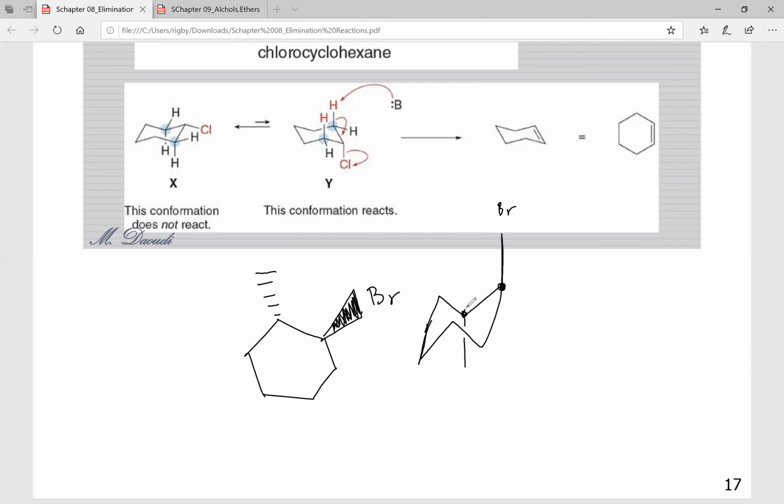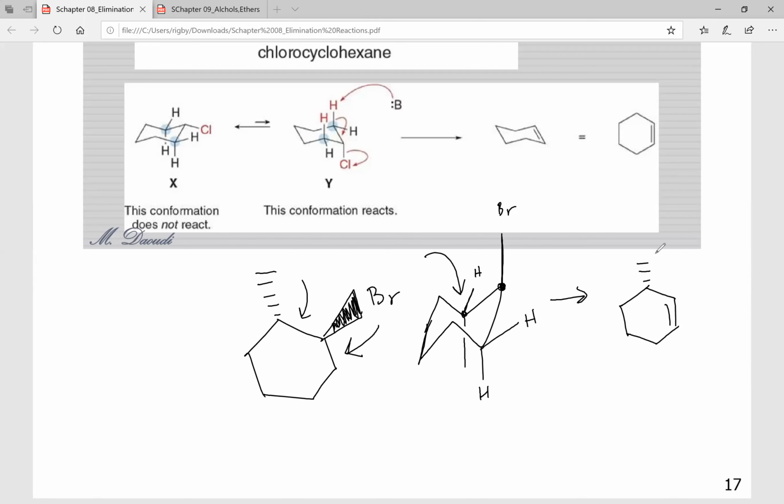And if I draw in the remaining hydrogens on either side, we can see here that this guy, the carbon with the methyl group on it, does not have a hydrogen that is anti-periplanar to Br. So instead of having the double bond formed right here, it's going to force the double bond to form on the other side. So our major product is going to look like this.